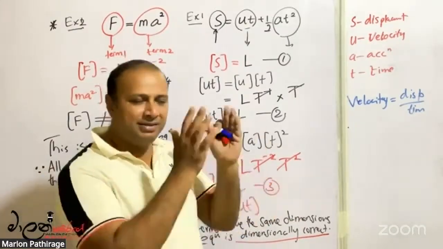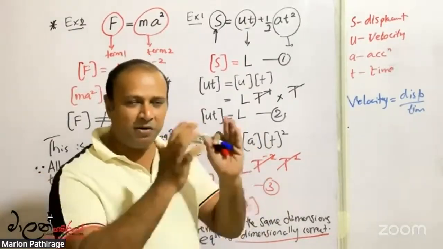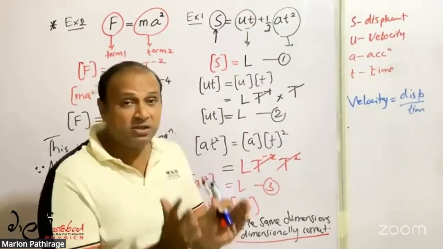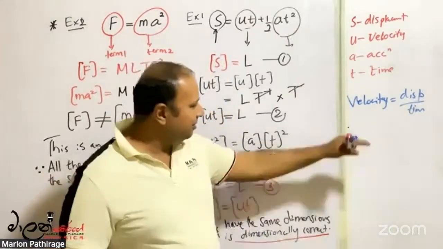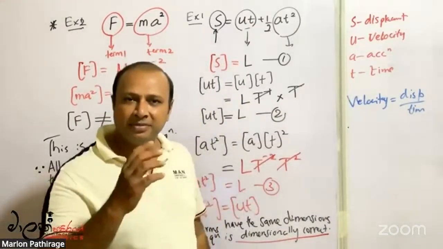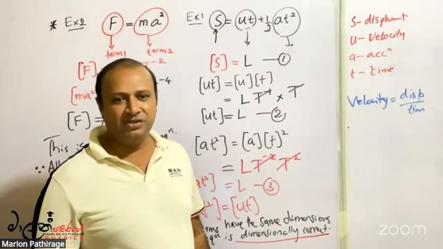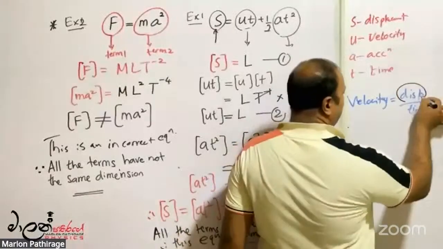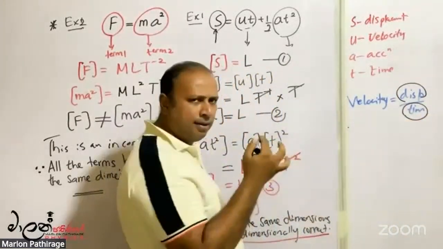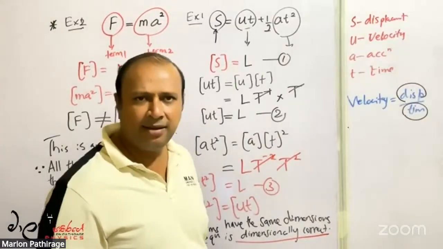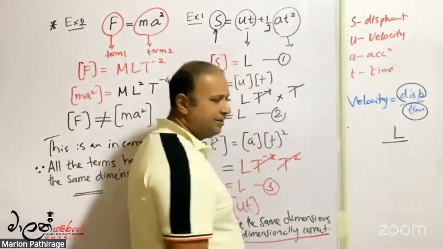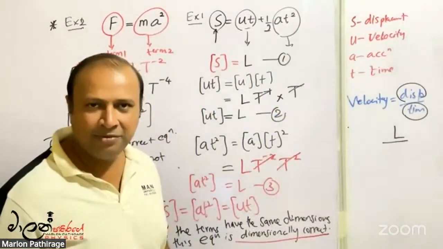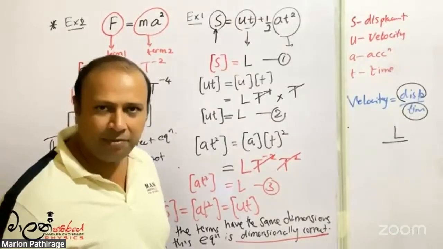Then, according to those symbols, we can symbolically represent the relationship between the basic physical quantities and derived physical quantities. Instead of writing displacement, as it is a length, I can write L, and instead of writing time, I can write T.